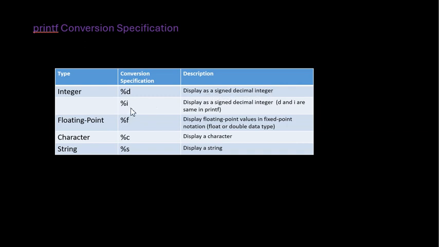We can use %i also to display a signed decimal integer. When the type is a floating point, we use %f. It displays the floating point values in fixed point notation. For a character, we use %c. It displays a character. We use %s to display a string.